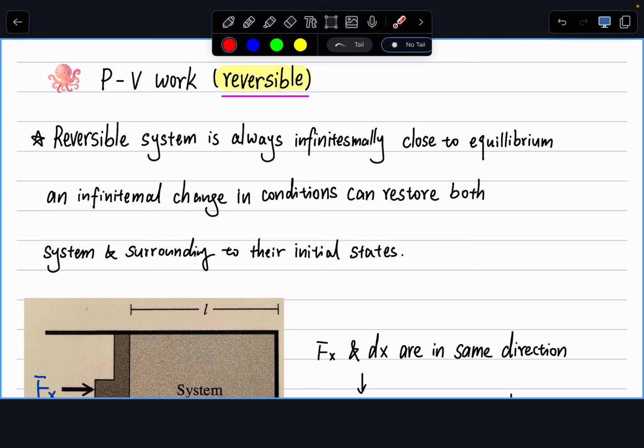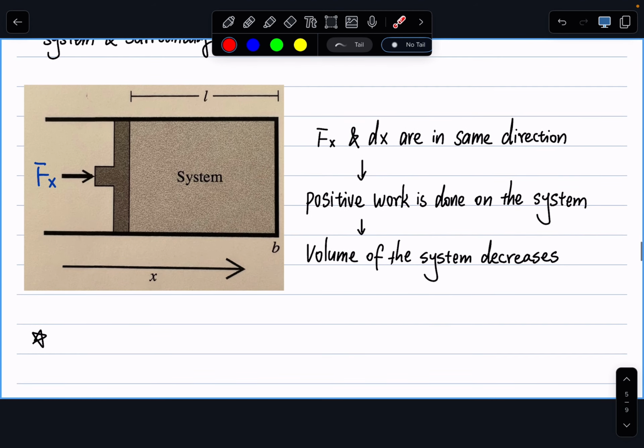Any infinitesimal change in the conditions, meaning we change the pressure a little bit, we change the volume a little bit, will restore both the system and the surroundings to their initial state. All right, so they're super close to equilibrium, but not at equilibrium yet. So only very slow processes can take place. Now, in this case, let's just look at work.